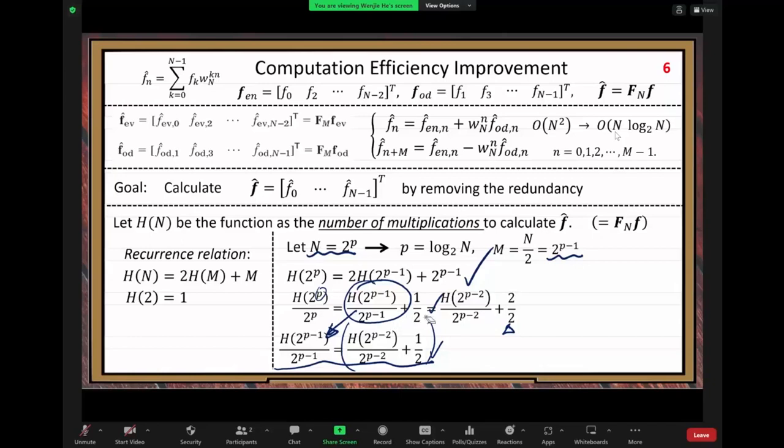When we reach the end, we should get this plus the second term. The first term uses the base case, that's this one. But what is the second term?